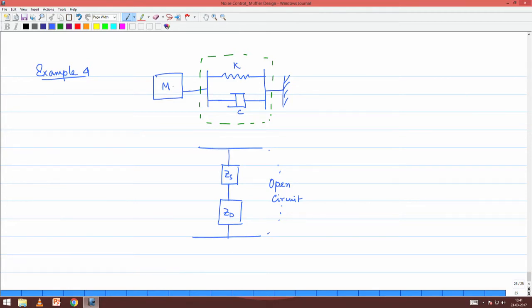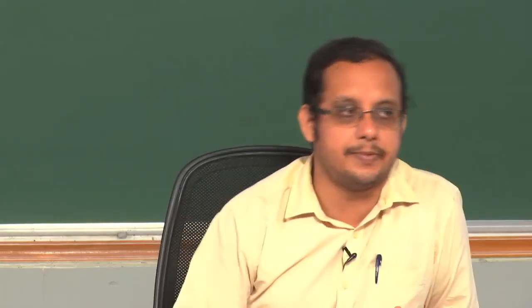And what is the upstream element? The upstream element is that of a mass which is placed in line, right, and this is the ground and this is the ground. So, as well we might join these two, and since the entire force has got to be transmitted between the mass and the combination element, mark my usage of the word, I am not saying the entire force from the mass is getting transmitted to the spring element or to the damping element, it is getting transmitted to the combination element which combines both spring and damper as given by that green block, right.